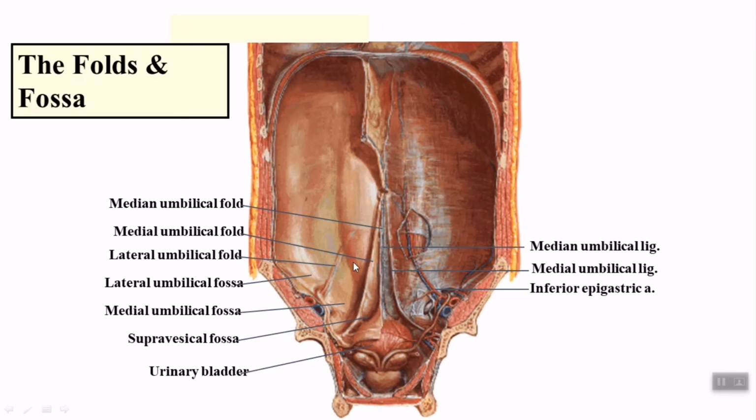In between these folds we have the fossae. Between the lateral and medial folds we have the medial umbilical fossa, and between the medial and the median folds another fossa called the supravesical fossa.